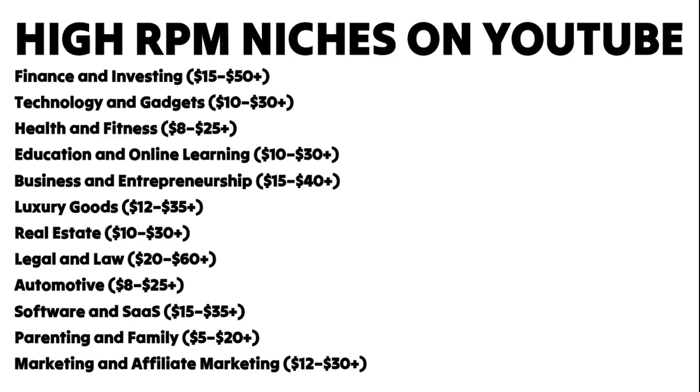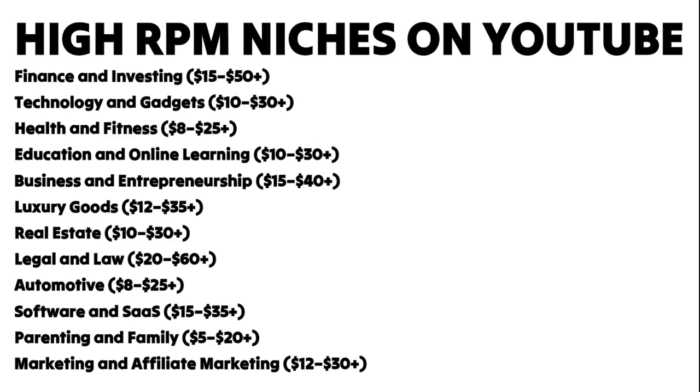We have the luxury goods niche that has an RPM of $12 to $35. We have the real estate niche that has an RPM of $10 to $30. We have the legal and law niche that has an RPM of $20 to $60, which is one of the highest so far. We have the automotive niche, with content on cars and other vehicles, that has an RPM of $8 to $25.